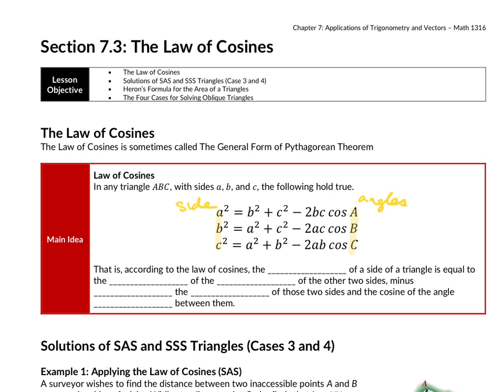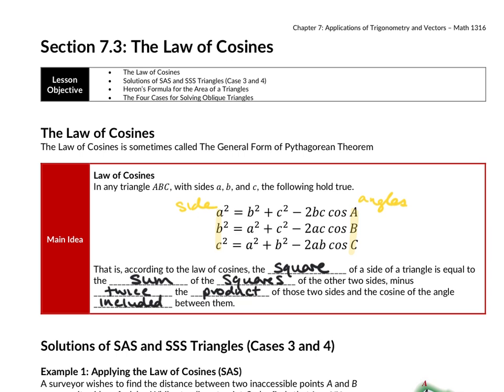According to the law of cosines, the square of a side of a triangle is equal to the sum of the squares of the other two sides, that's the a squared plus b squared part, minus twice the product of those two sides and the cosine of the angle included in between them.